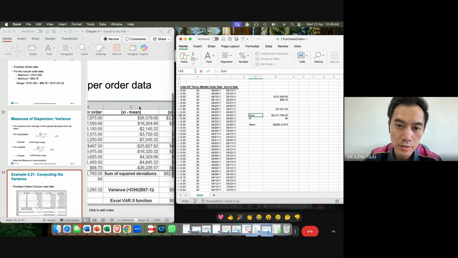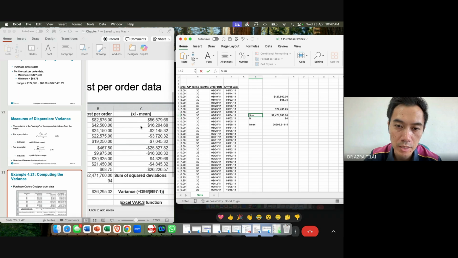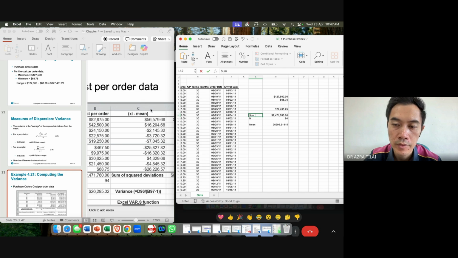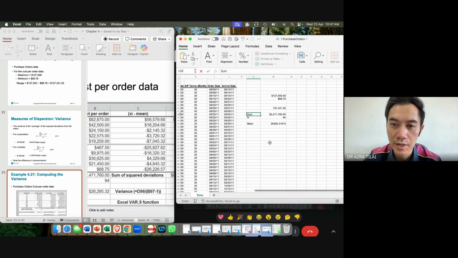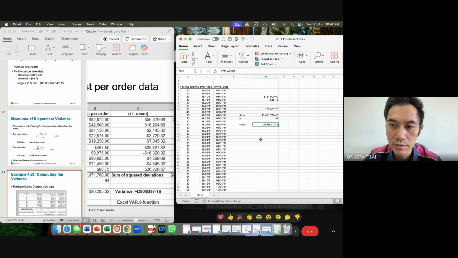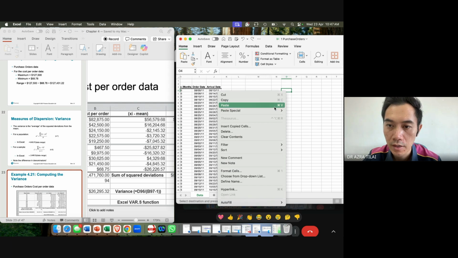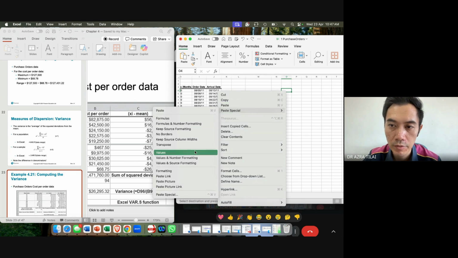Now we want to achieve this column C here, meaning that 82,875 minus the mean. All of these will be minus the mean. What do we do? Normally I copy this, which is Control C, and then paste special, values.